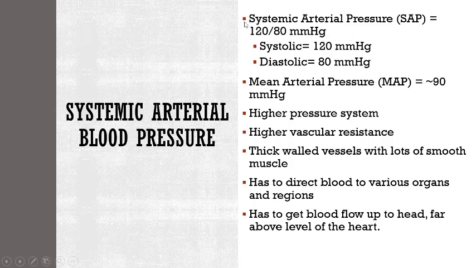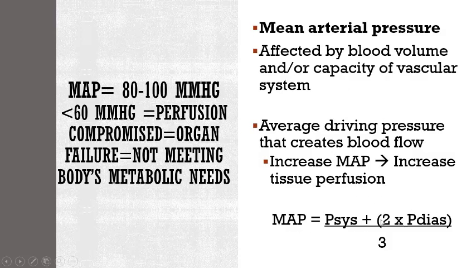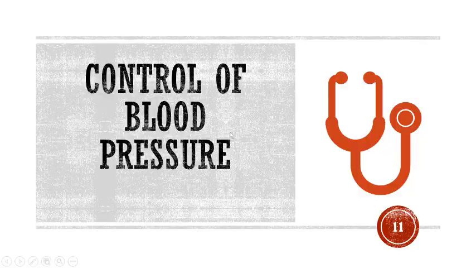So if you were using 120 over 80, it would be 120 plus 2 times 80, divided by 3. Okay, that's where those numbers are coming from. And I'm going to come up with a math sheet for you guys with practice for this. That is how you come up with your MAP.